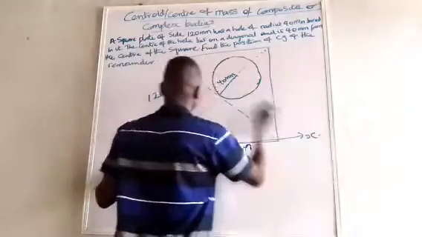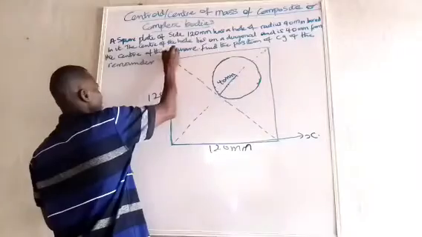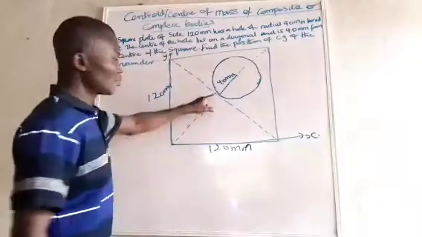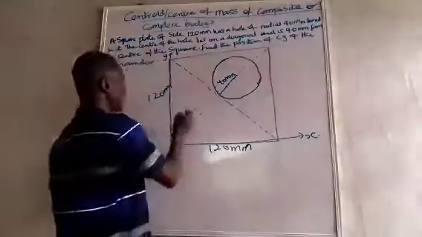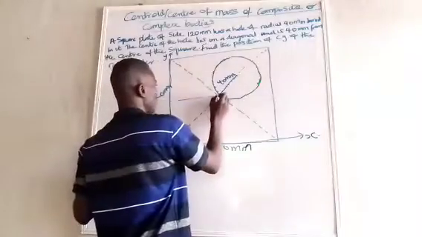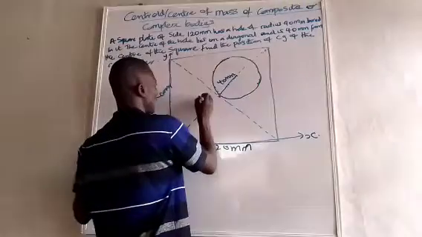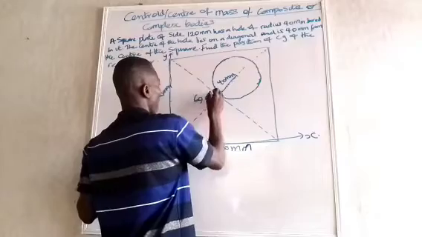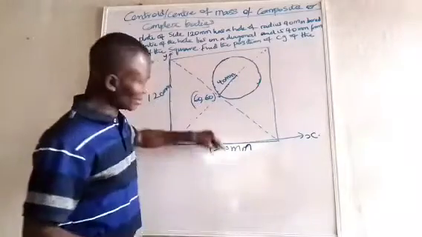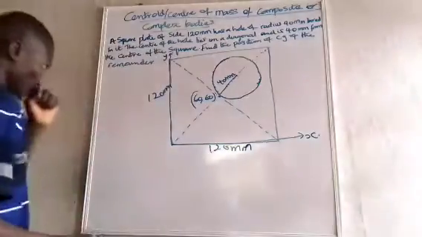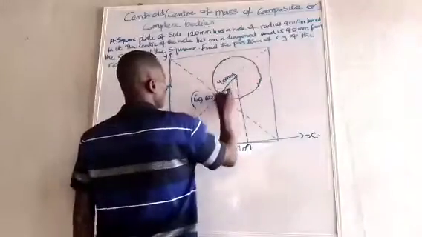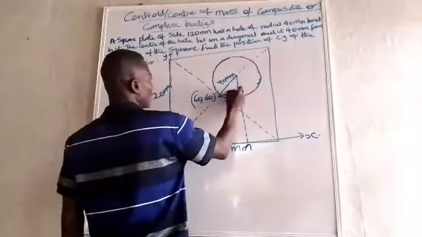Let's make this one our x-axis and this one our y-axis. For the whole shape, the centroid will be 60 by 60: 60 from the x-axis, 60 from the y-axis. 40 mm here is the center of this circle.